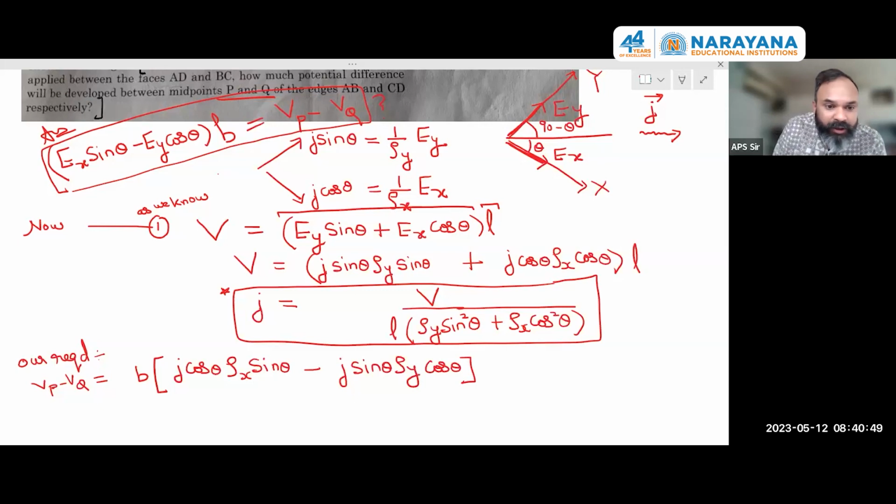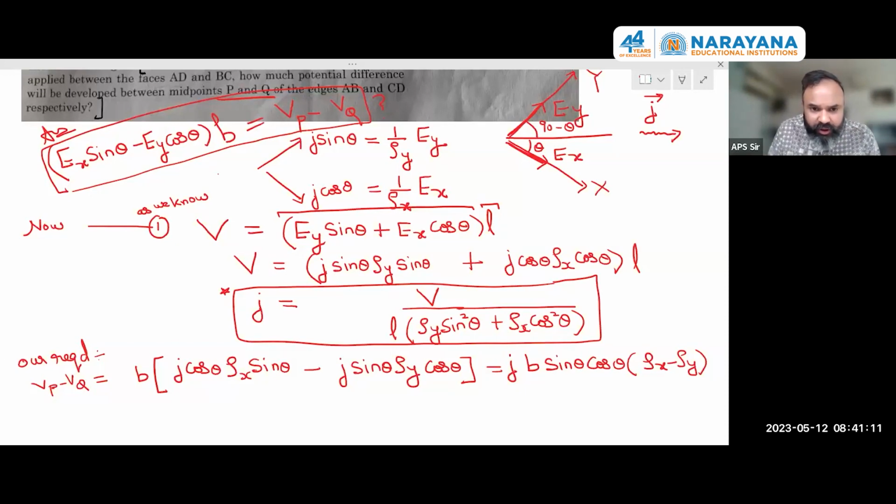And already I multiplied it by B. So when I solve it, J will come outside. There is a B term, a sin theta cos theta term, and then a rho x minus rho y term. So what I am getting is JB sin theta cos theta, rho x minus rho y.